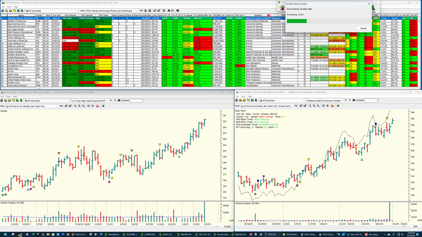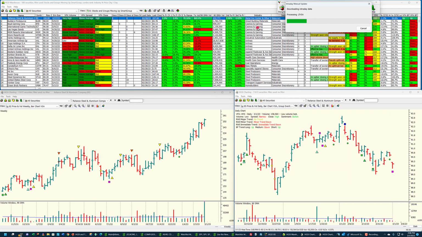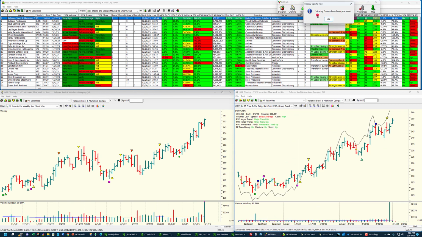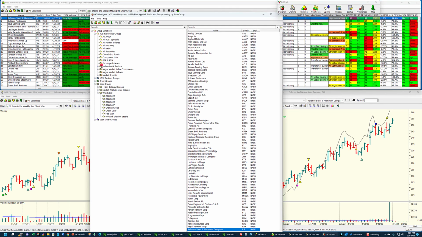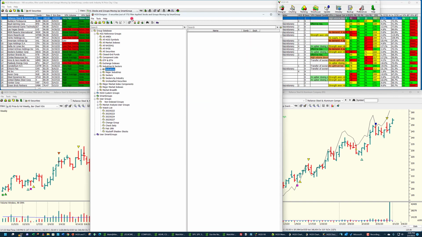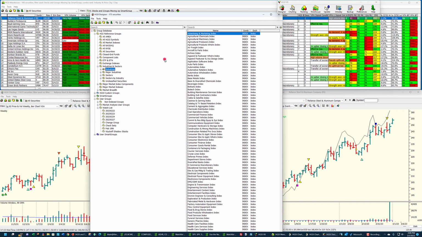Okay, it should be about finished here. Okay, now I'm going to go into my designer. I always do this. I locate the industries. I'll take the filter off, and then you can see the industry groups right here.